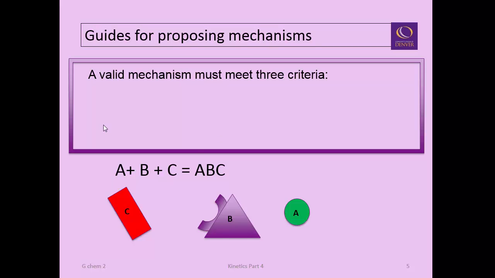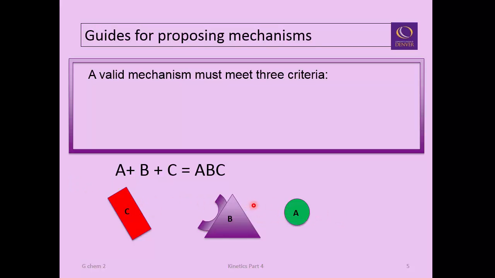So what we're going to do is start with the overall expression. Once again, this is not an individual step, it's the overall expression. And then I've drawn this picture to help you understand it a little bit. I have A reacting with B and reacting with C to make this ABC complex, where these are all combined.